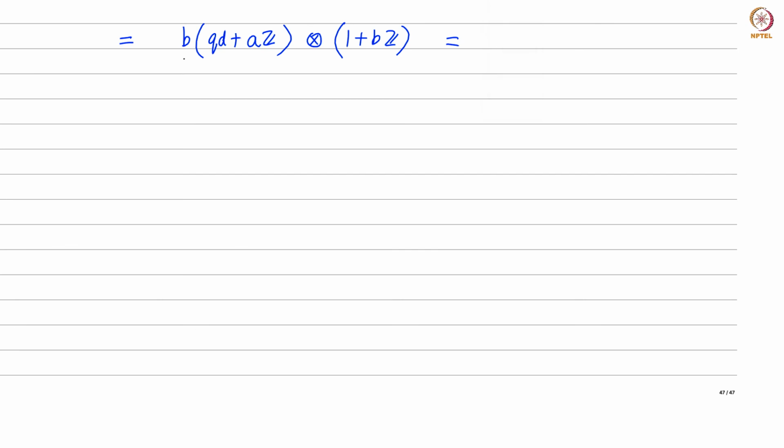It tells me that if I have this scalar integer in front, I can completely pull it out, or on the other hand, I can also push it to the second component. So here I'll just push it to the second component. This is therefore QD plus AZ, tensor B times this 1 plus BZ, right? But what's that? That's B plus BZ. But observe B plus BZ is just 0 because B belongs to BZ, right? So this again is nothing but the 0 coset.